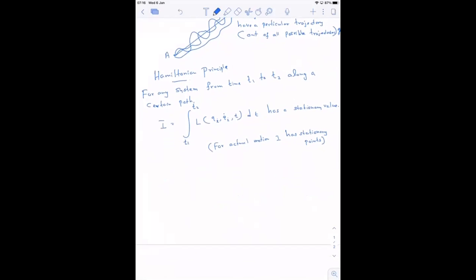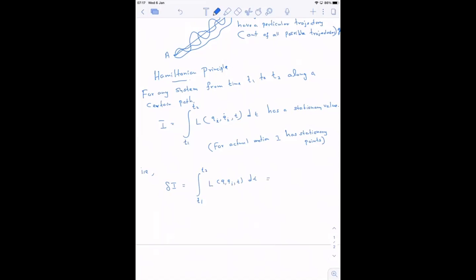Now when I tell that this I has stationary points, mathematically what that means is that the variation of I, or what we used to call delta I, variation of I, should be equal to what? If it has stationary points.